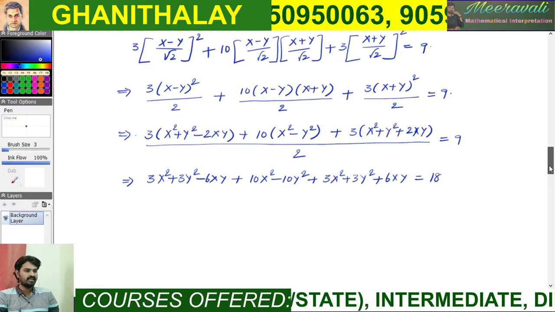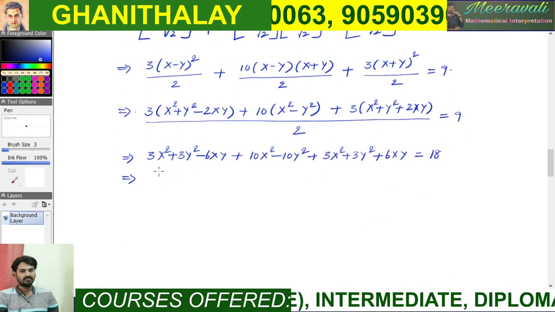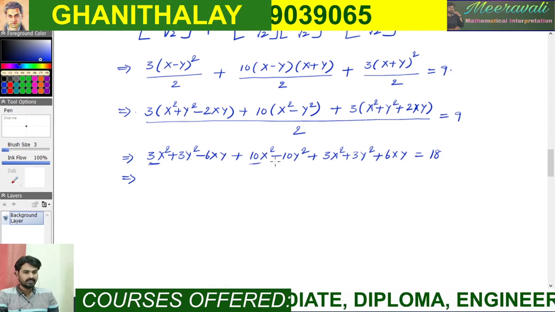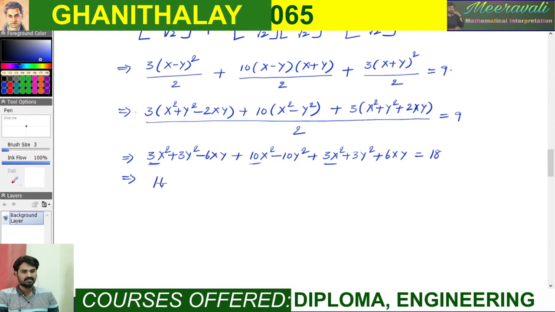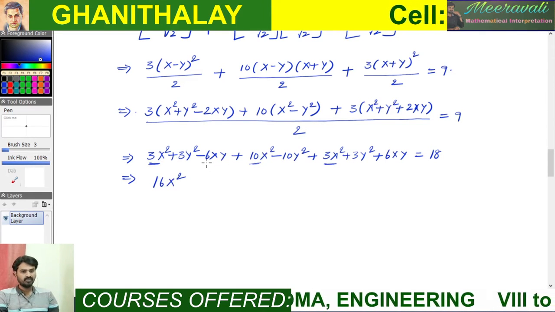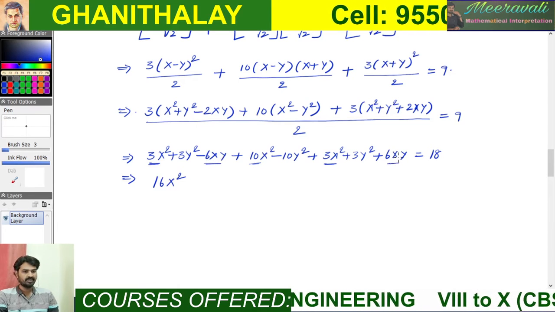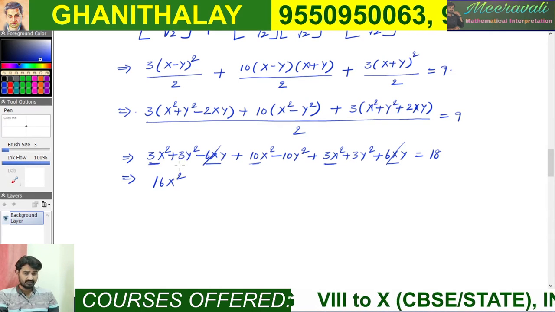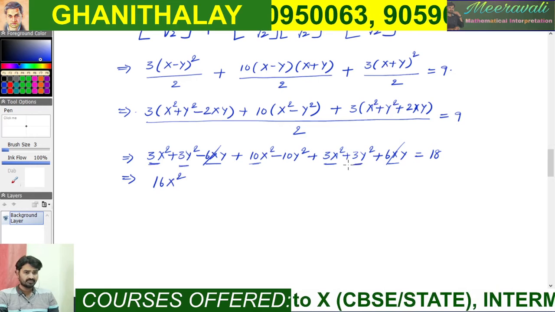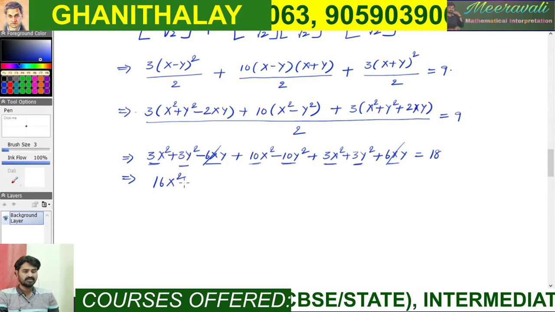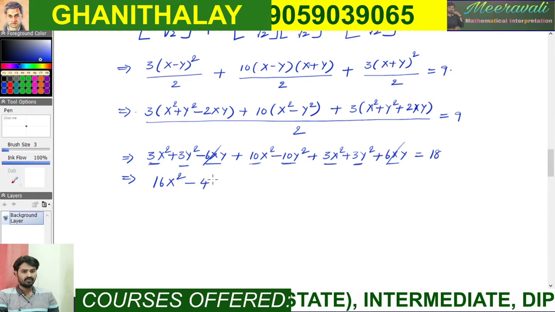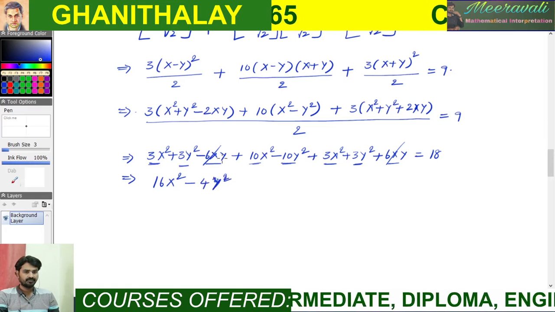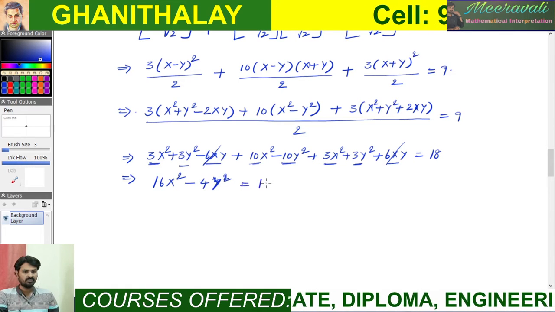Now take this 18 to the left side. First you have to simplify: 3x square plus 10x square is 13x square, plus 3x square is 16x square. Next, minus 6xy and plus 6xy are both cancelled. Coming to the y square terms, 3y square plus 3y square is 6y square, minus 10y square gives minus 4y square. There is no constant on the left hand side, now 18 here.